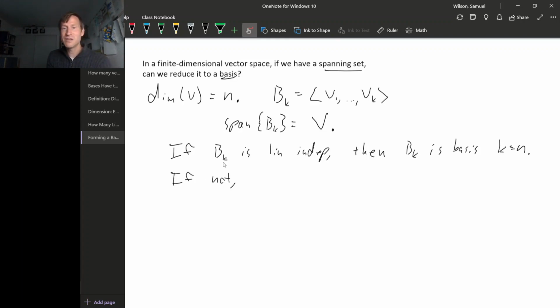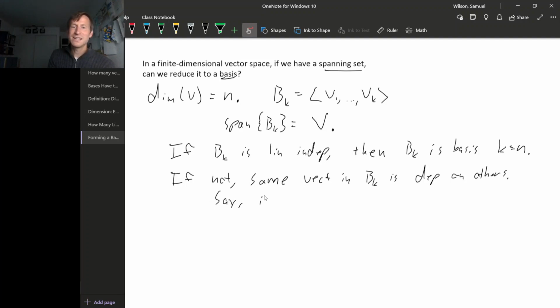so if B sub k is not linearly independent, then that means it's linearly dependent. So some vector in B sub k is dependent on the others. Okay, and let's say, for the sake of argument, that it's actually v sub k.